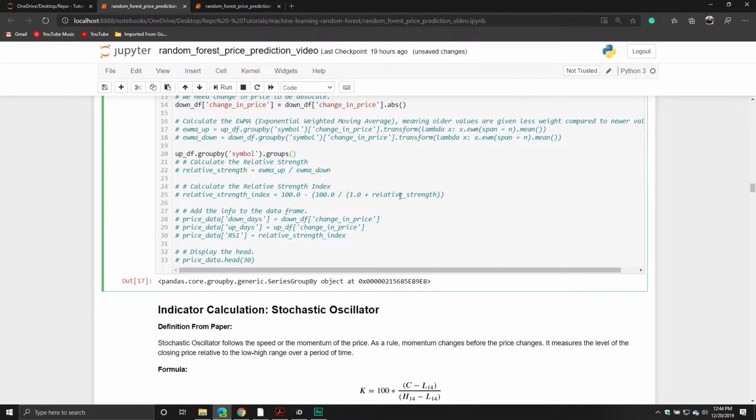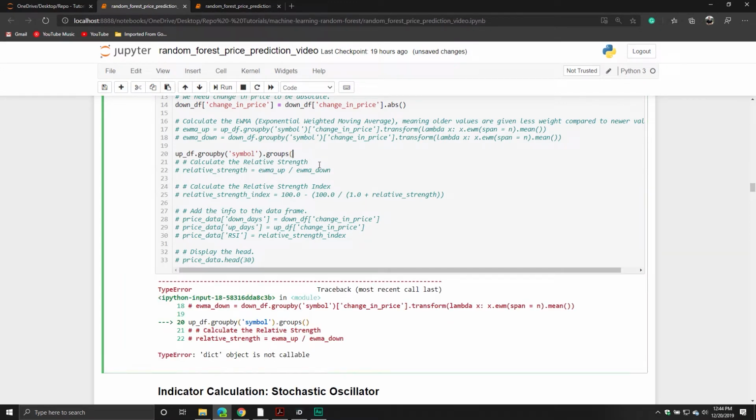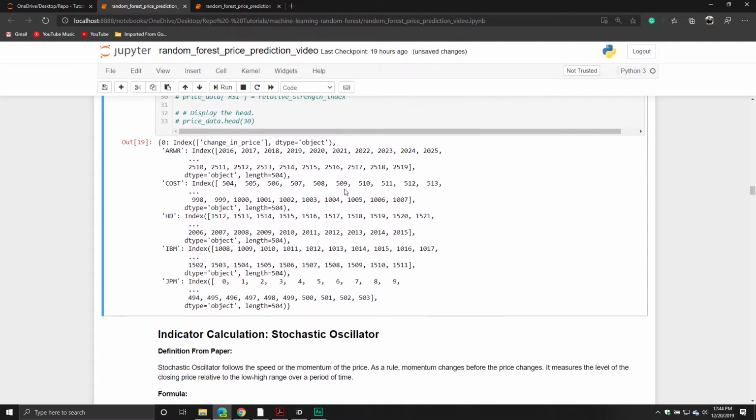Maybe I can do it like this. It's a better way to see it. It's still a little bit hard, but you see that there are these groups, and those groups contain all the indexes, and those indexes are what it uses for the aggregation process.